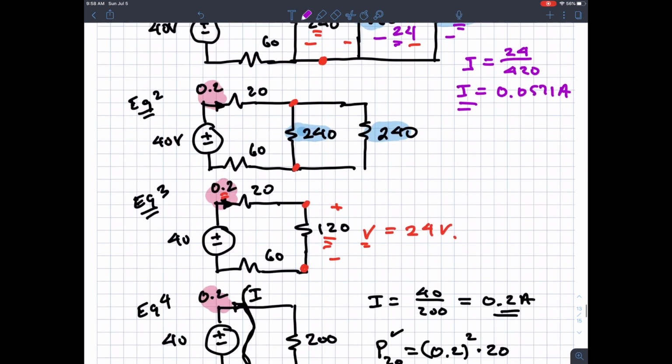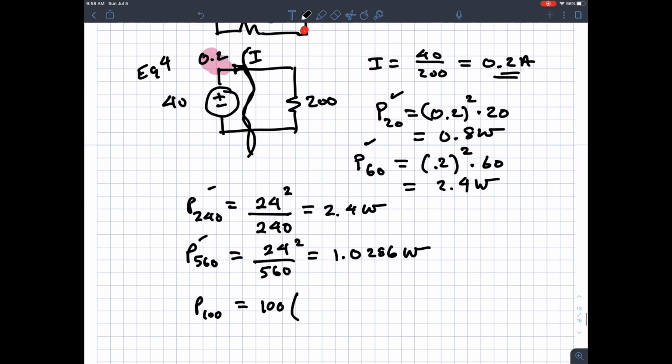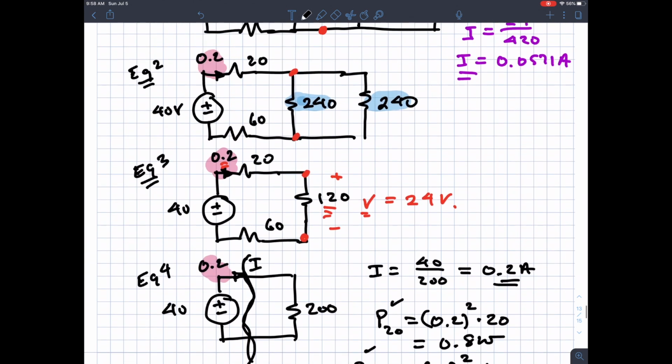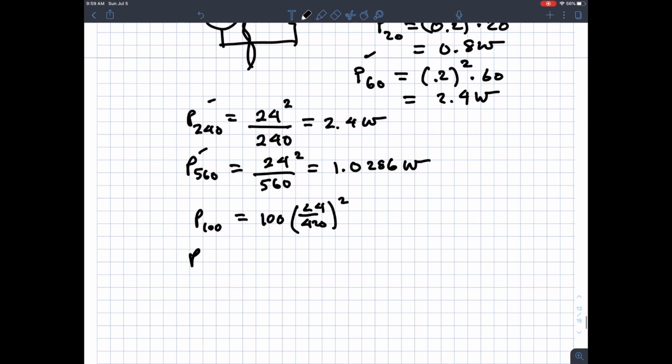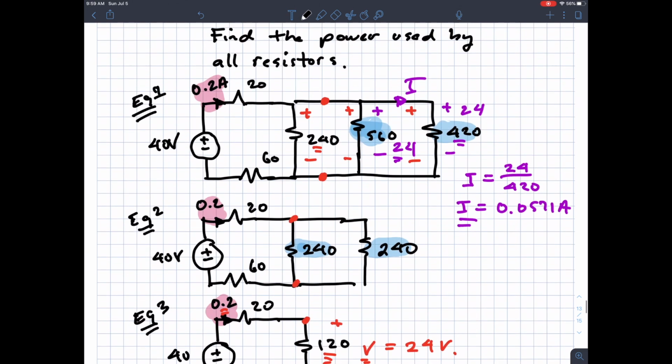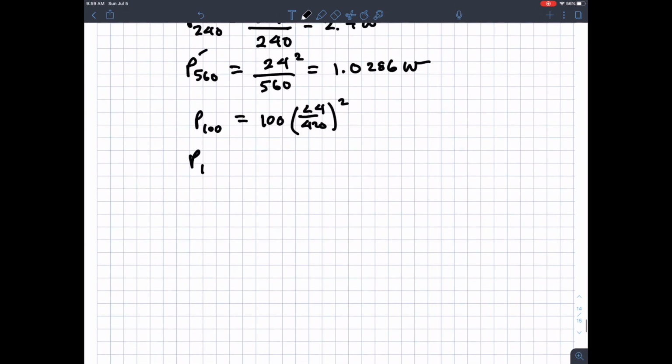All right, I can get P100, go back to black. Okay, that would be 100 times I squared. I squared was, I'm just going to write it like this, 24 over 420. Okay, P of 120 and 200 are the same type of calculation.